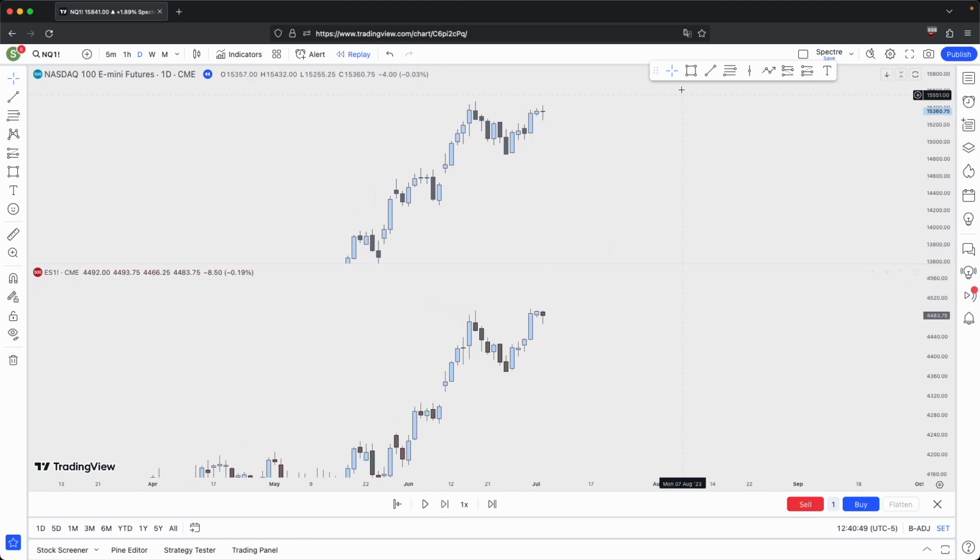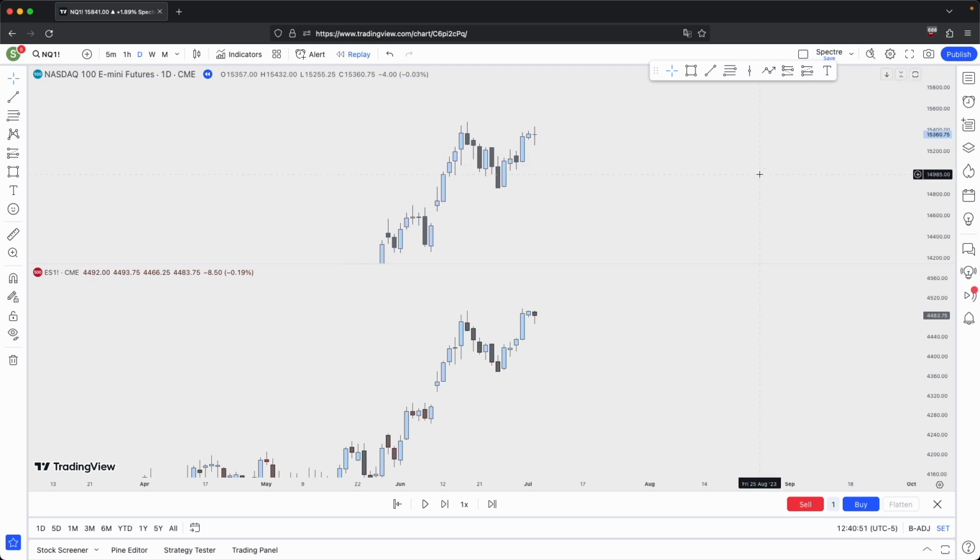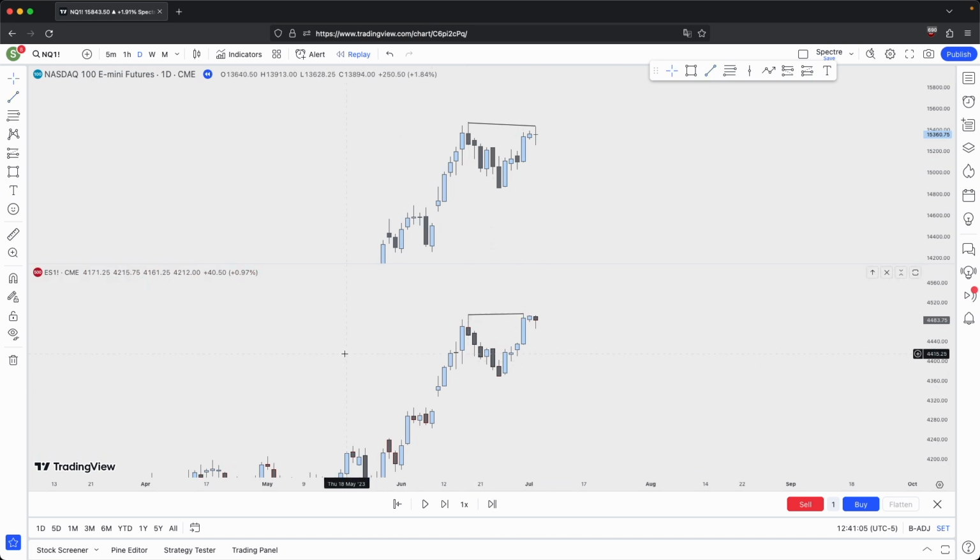As you can see here, NQ failed to make a higher high, whereas ES made a higher high, and that is another divergence. However, if you remember from what I said before, SMT should be used with your plan and in line with higher time frame direction.